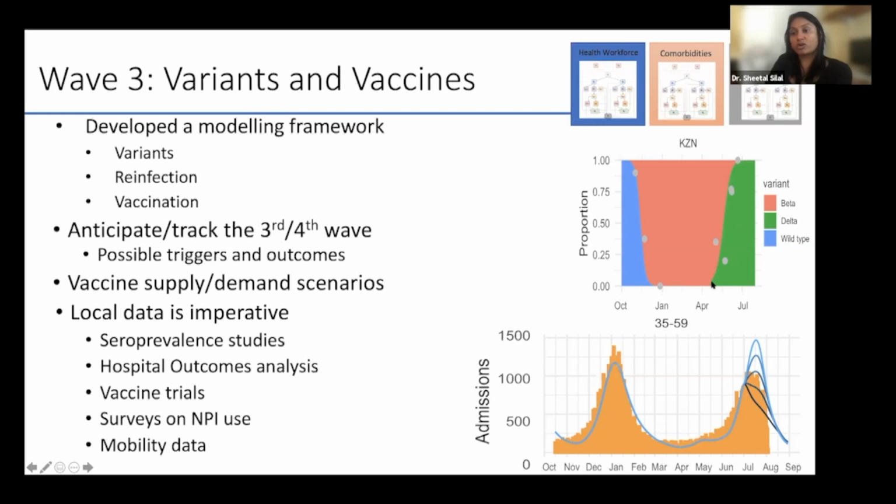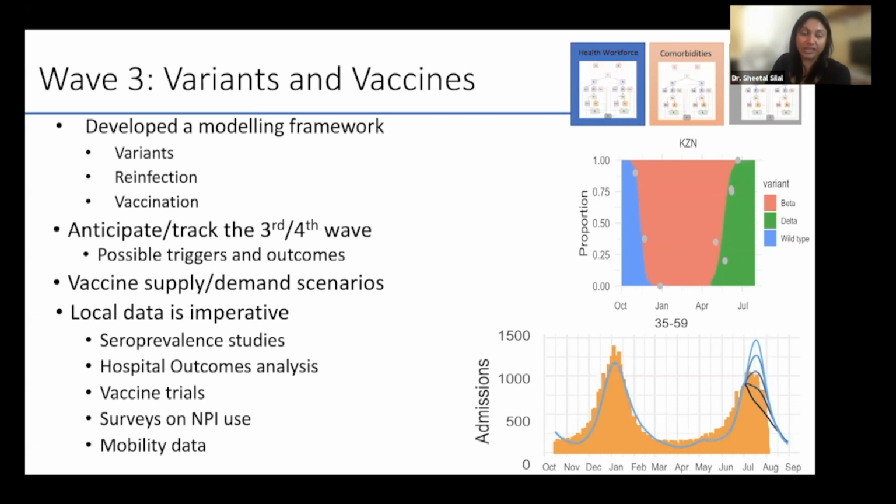And then somewhere around April, the Delta variant came along and very rapidly, as you can see, outcompeted beta to now remain as 100% or close to 100% of all infections circulating in the country at the moment. And so our models needed to be able to capture these different variants and their different transmission characteristics in order to properly reflect the transmission setting in South Africa.